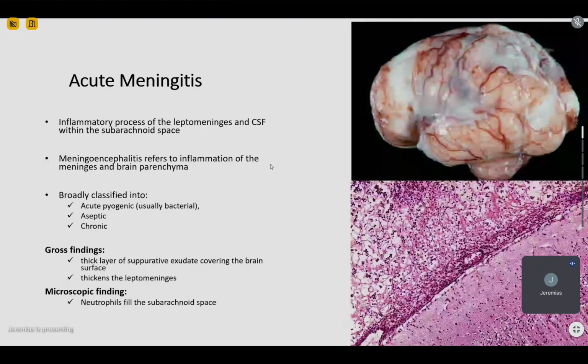This is the meninges, and lots of polymorphonuclear inflammatory cells which are evident findings in meningitis, in acute meningitis. Neutrophils or polymorphonuclear cells, inflammatory cells.